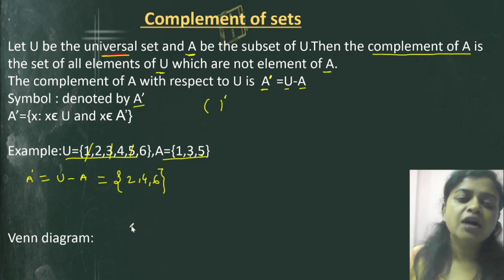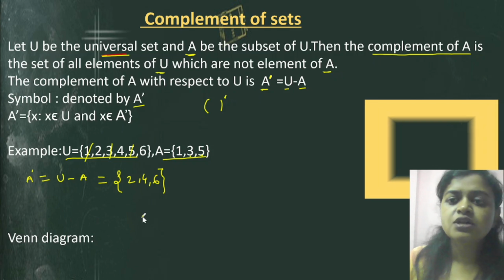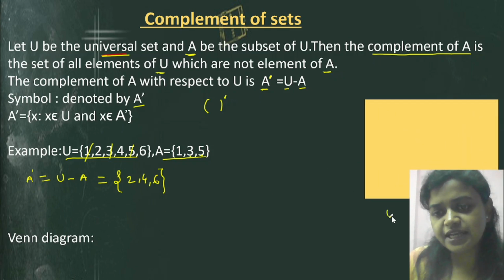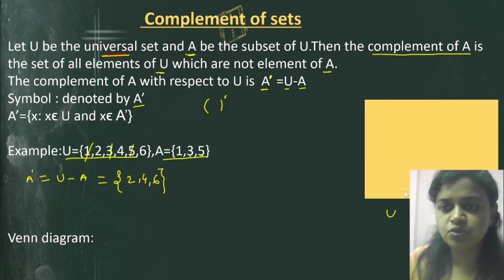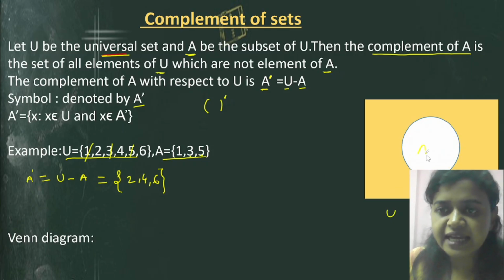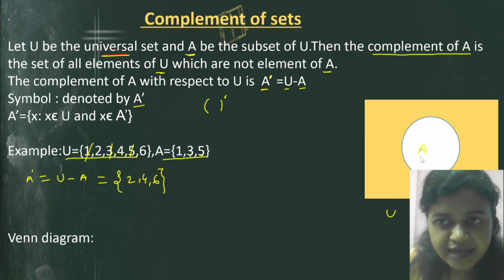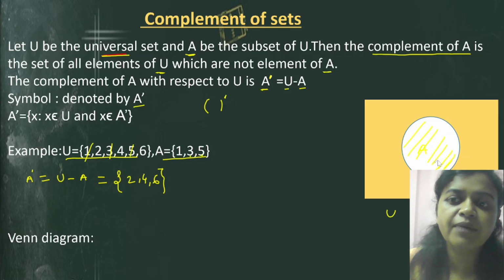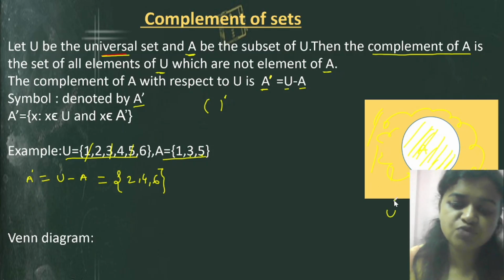Okay, if we see the Venn diagram of this concept, suppose this is the whole universal set U, and this is set A. This white color means we are indicating the removing part. This is the removing part from U, and the outer side of U is called A complement. Got it?